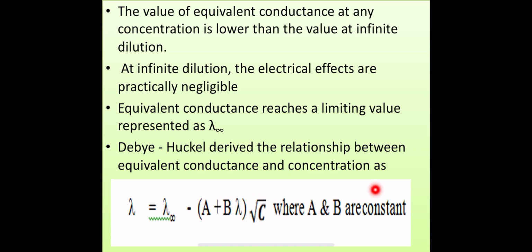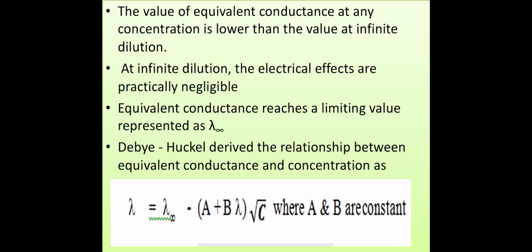This is an equation for a straight line, hence a plot of lambda, that is equivalent conductance, versus square root of concentration is a straight line with the intercept equal to lambda infinity. This is how the Debye-Huckel theory explains the electric effects.